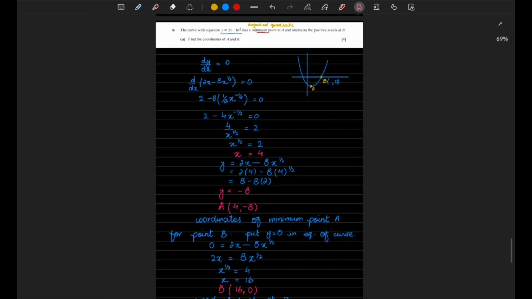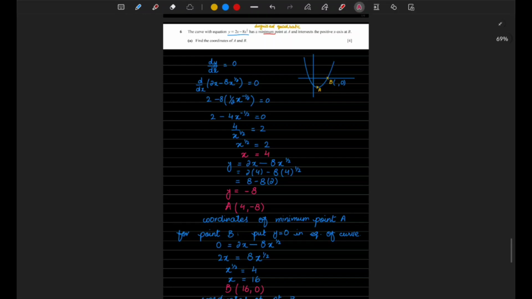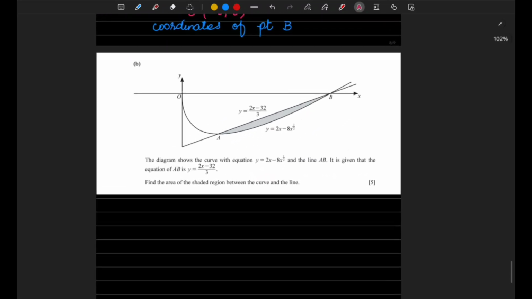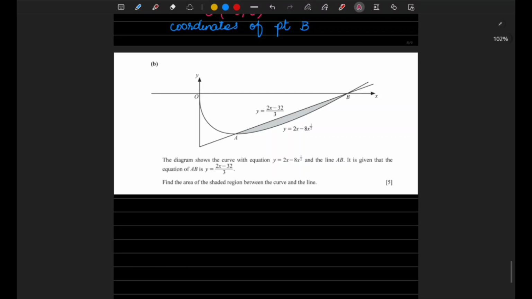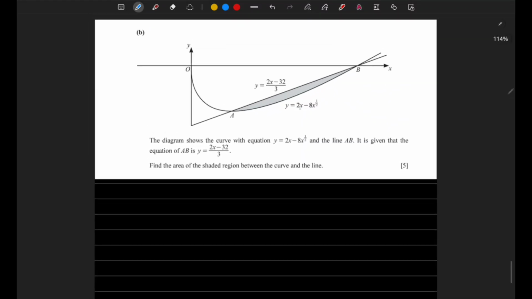Question 6. We get the coordinates of A and B. Now, part B. They say the diagram shows the curve with equation y equals 2x minus 8x to the power 1 over 2. So what is this actually? This is the same curve that we have used in the first part.